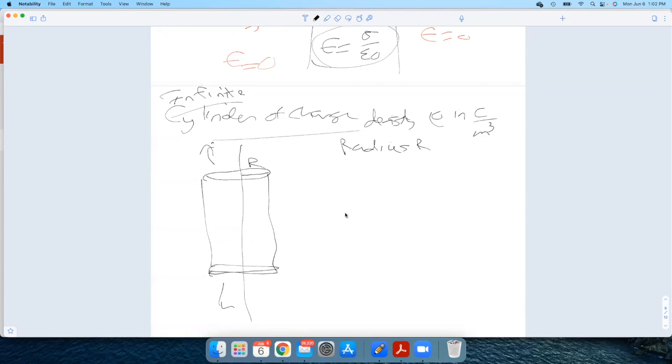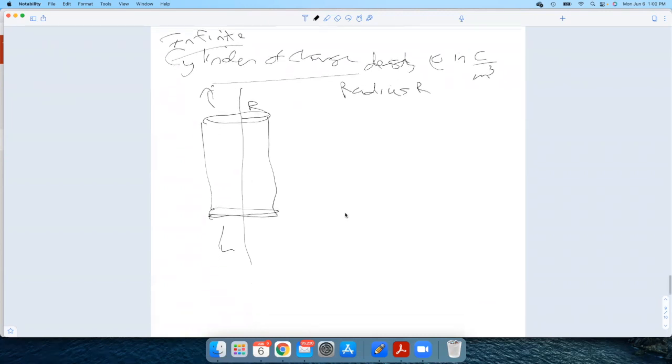I don't want to put any length on here. I want to find E inside, meaning r less than R, and outside, r greater than R. Either one of these can have the equal to. It doesn't matter which one you put the equal to on.